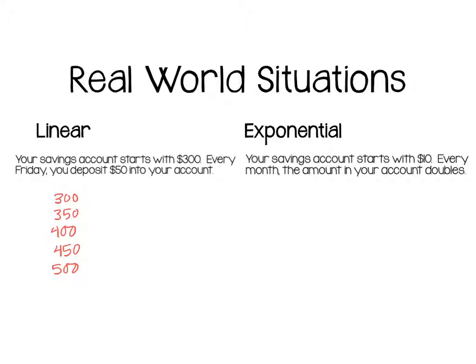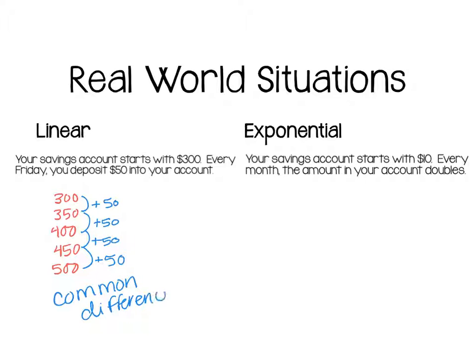Well, what you have here is a common difference because you're adding $50 each time. So that's going to be a common difference, which means it's linear.